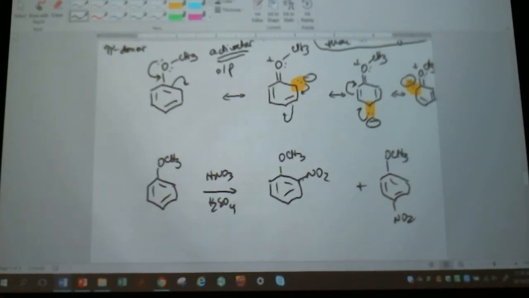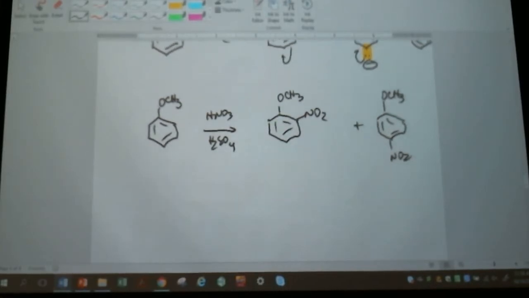Obviously this one as well, but that would be the same molecule. But no meta, or virtually no meta. So we say this is an ortho-para activator because this reaction occurs faster than if I just had benzene reacting with nitric acid. Right?